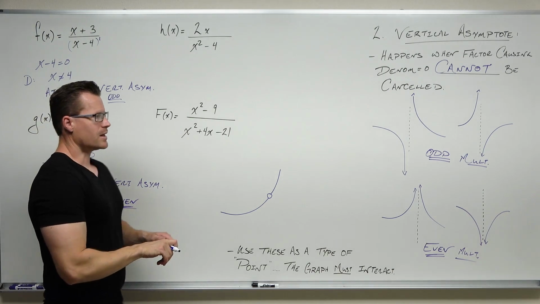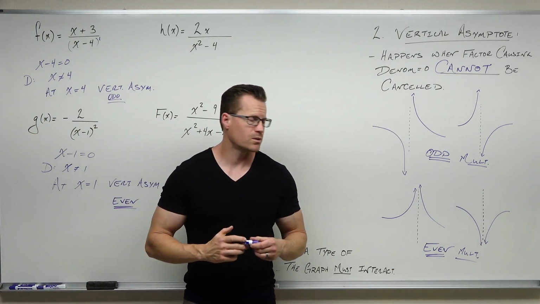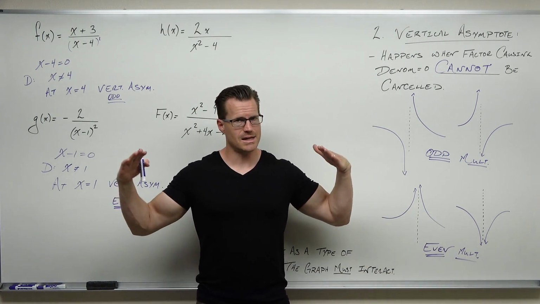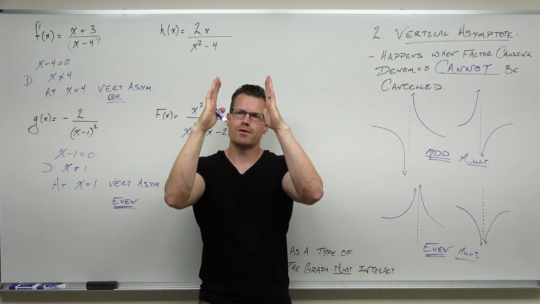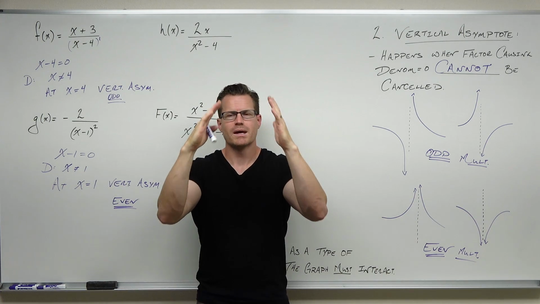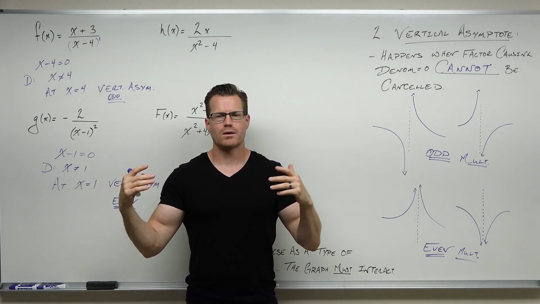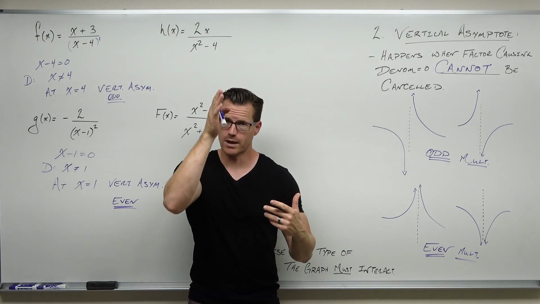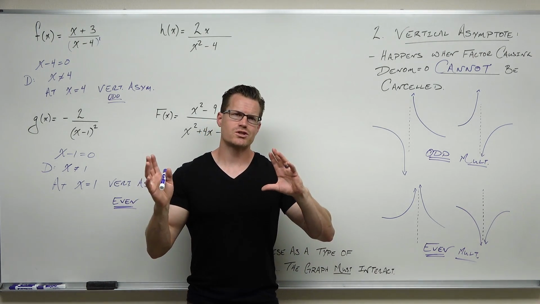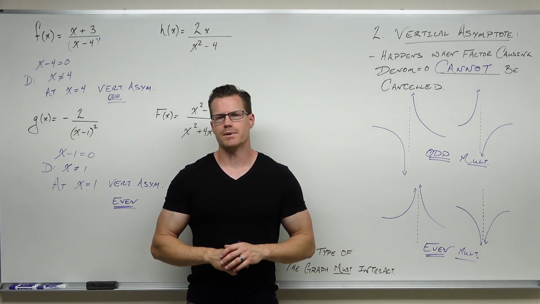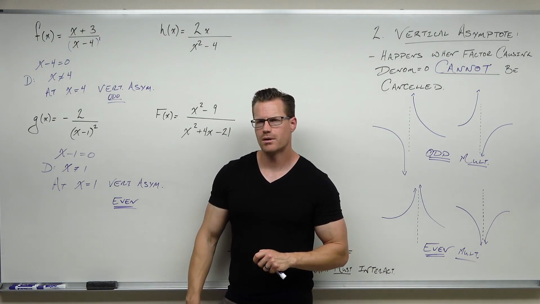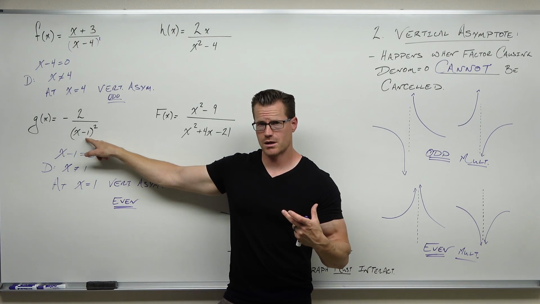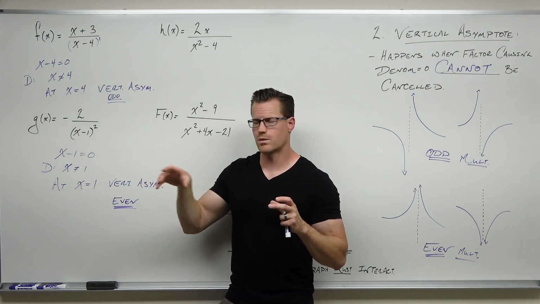So what that says to us is that this vertical asymptote is going to look like this or like this when we graph it. Due to the nature of even, it's typically symmetrical about the y, as even functions are. A vertical asymptote is a type of y, it's just sort of shifted over. Wait a minute. Do you remember that adding or subtracting inside of a function is a left shift or a right shift?